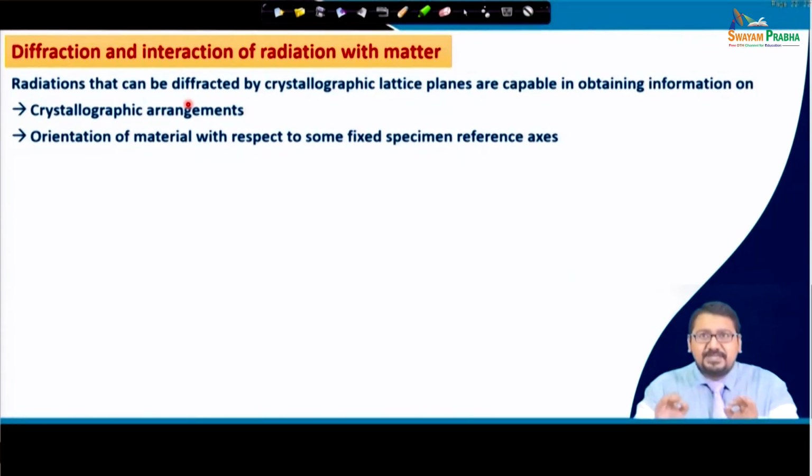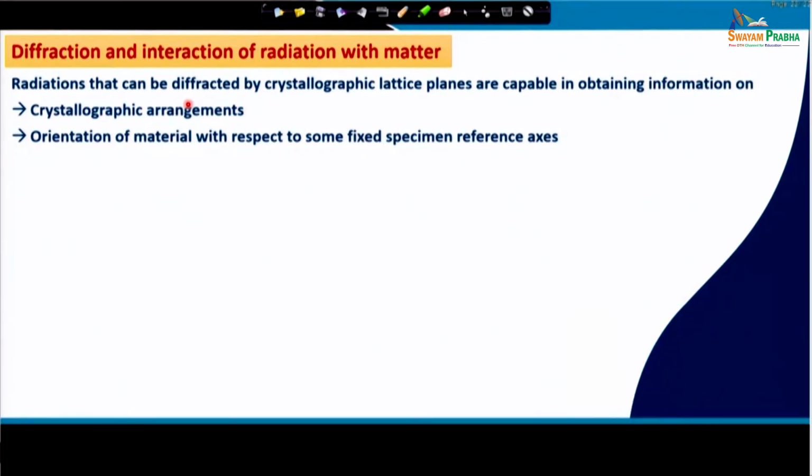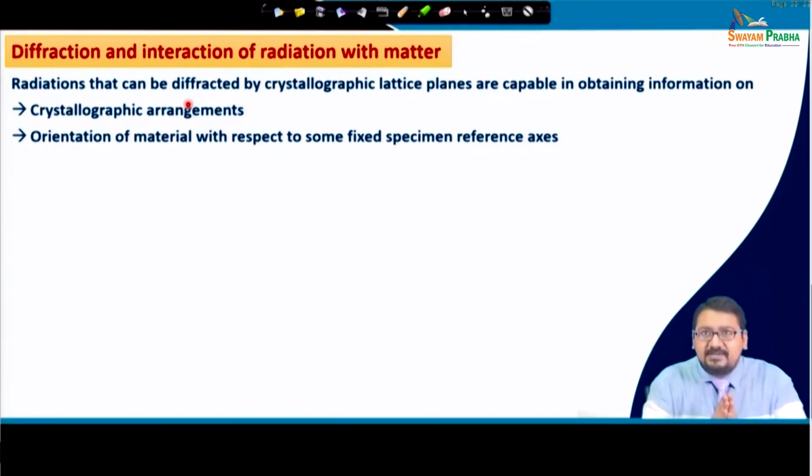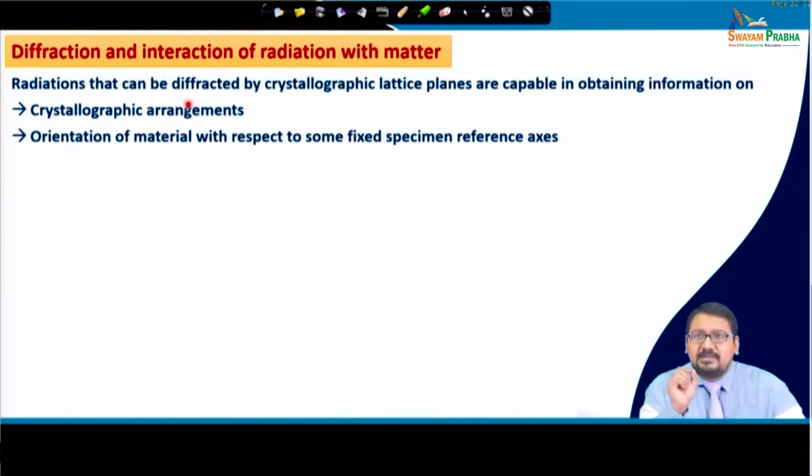But when there is a periodic arrangement of atoms in space, the scattering of the electromagnetic radiation from one atom in all directions may not come out fully in all directions, but it may come from certain directions, and these directions follow Bragg's law and the structure factor relationship because of the periodic arrangement of atoms in that particular polycrystalline material.